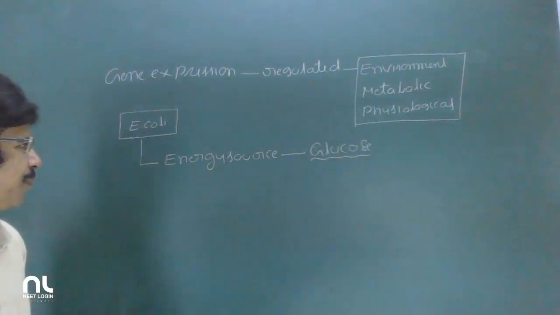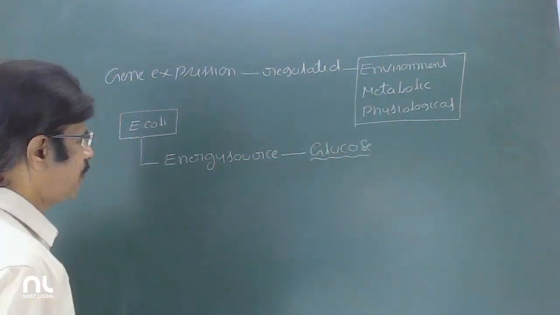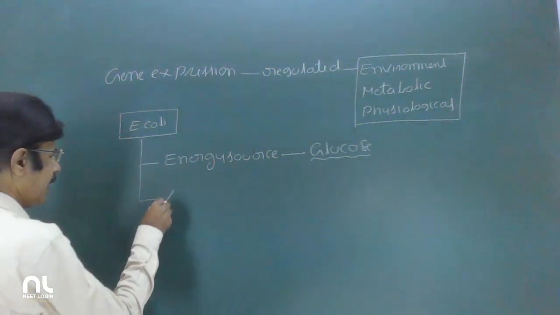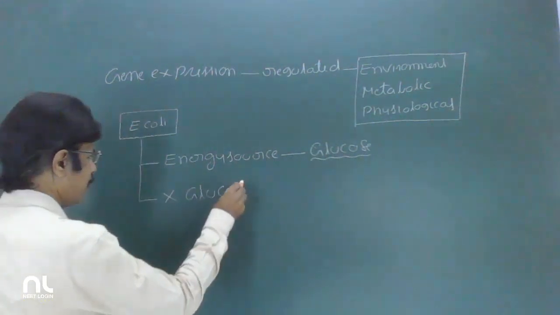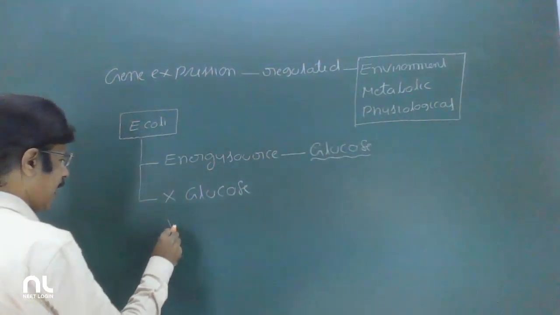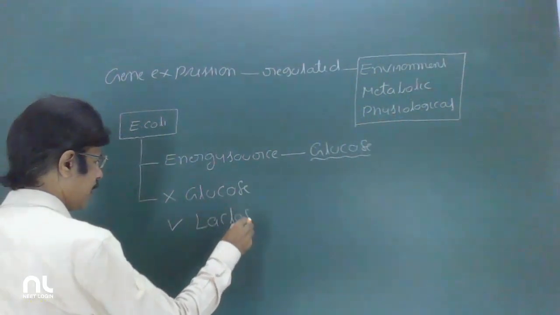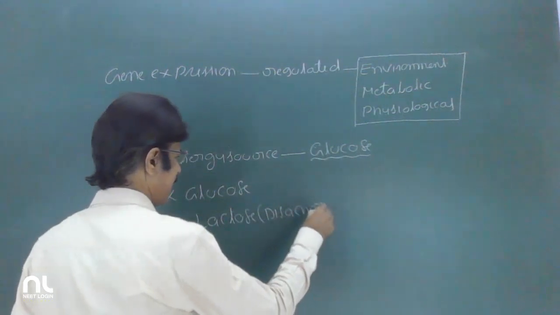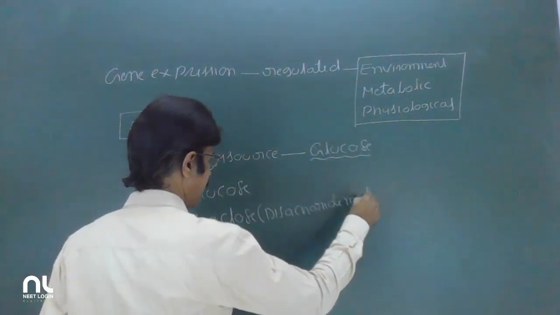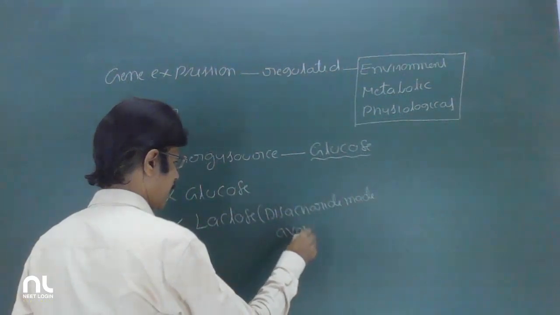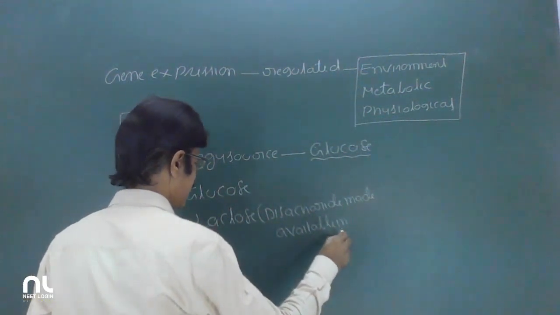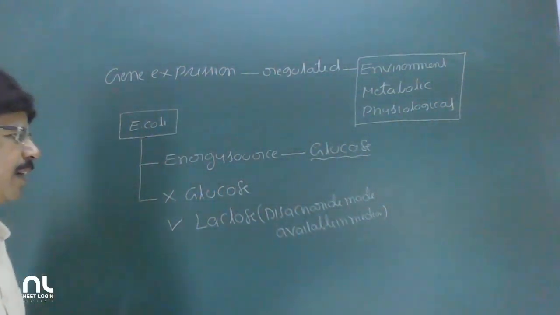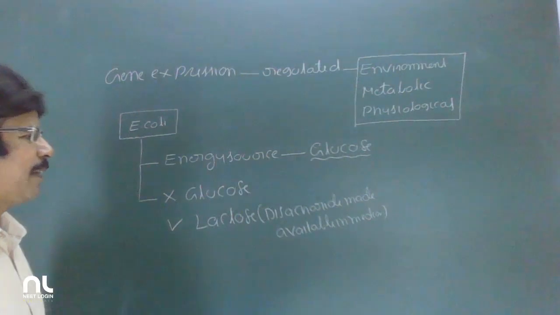It uses glucose, which is catabolized, and energy becomes available. In the absence of glucose and in the presence of lactose, a disaccharide made available in the surrounding medium.